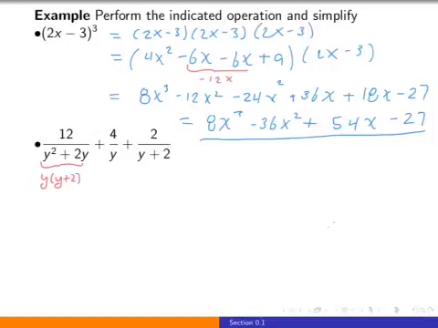And now looking at the denominator of the middle term, y, the third term, y plus 2. These 3 quantities can have the common denominator y times y plus 2. So what we are going to need to do is take the middle term and multiply it by y plus 2 over y plus 2.